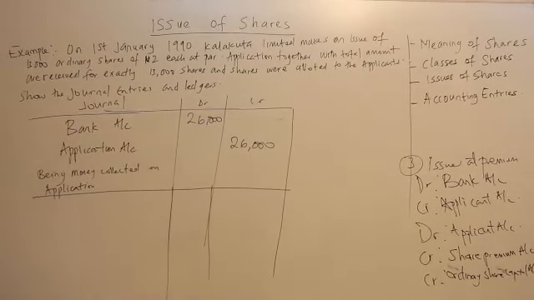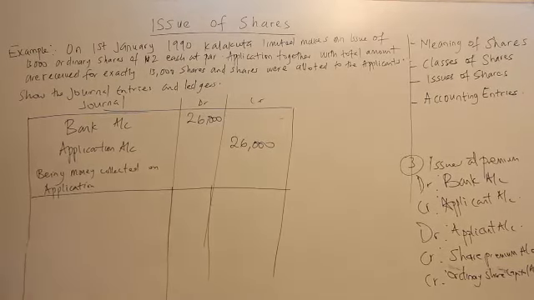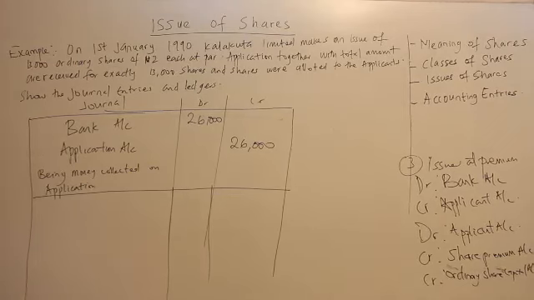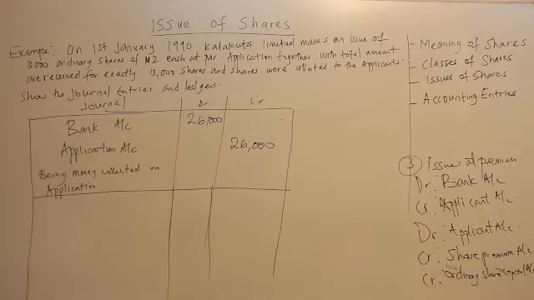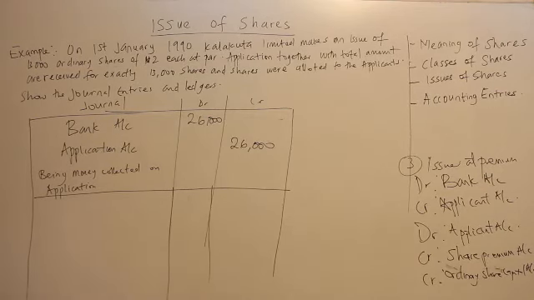Now the next thing is, if the shares are being allocated to shareholders, since money is being received, the shares will be allocated to the shareholders. Now the double entry is this. If it is on par, the double entry will look as thus.